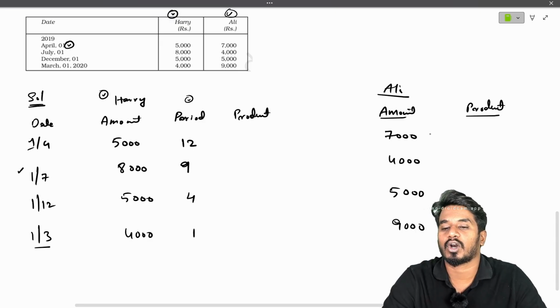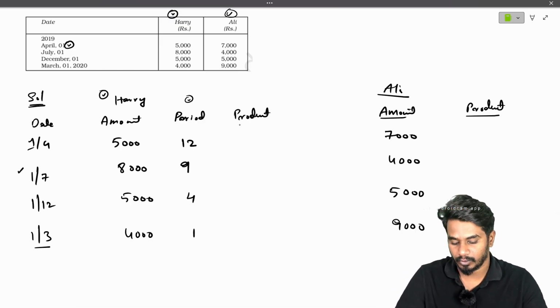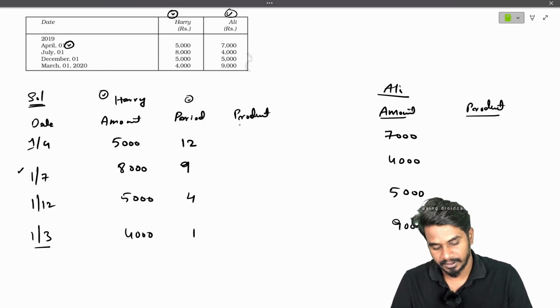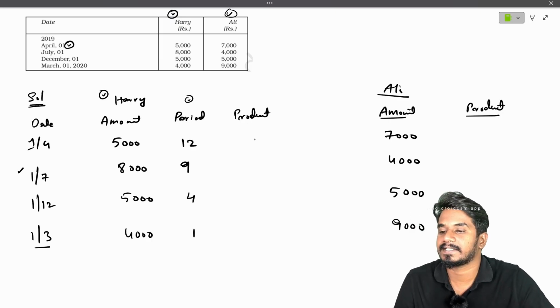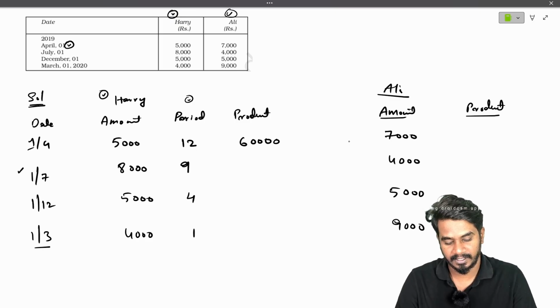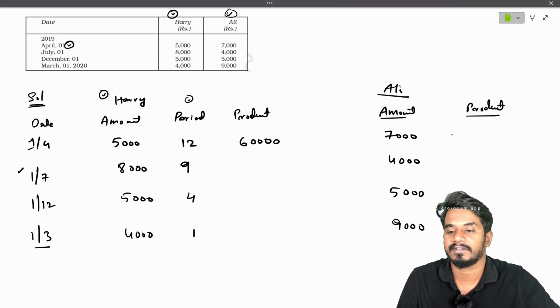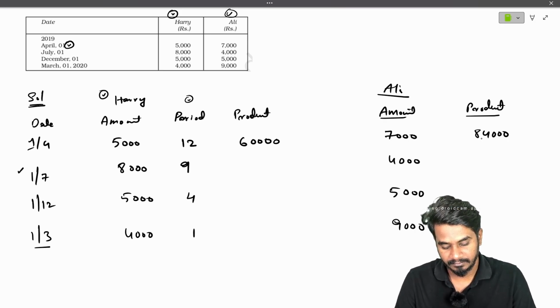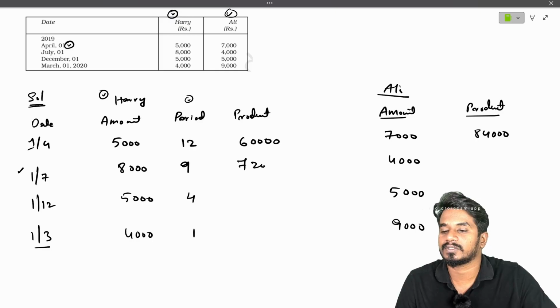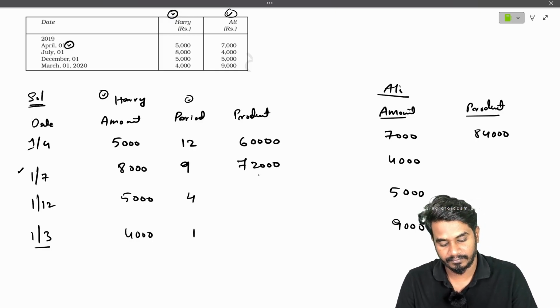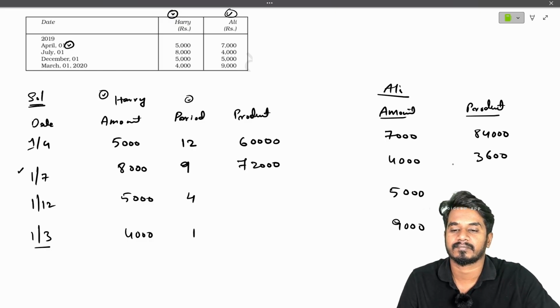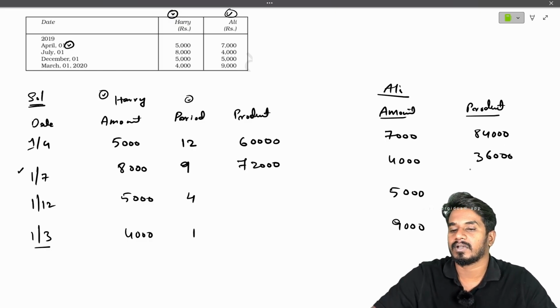So let us calculate the product for both the partners. 5,000 into 12, it is 60,000, and 7,000 into 12, 84,000. 8,000 into 9 months, it is 72,000, and 4,000 into 9, 36,000 for Ali.